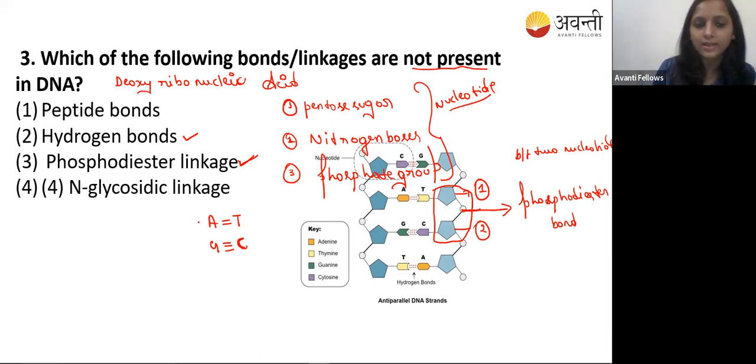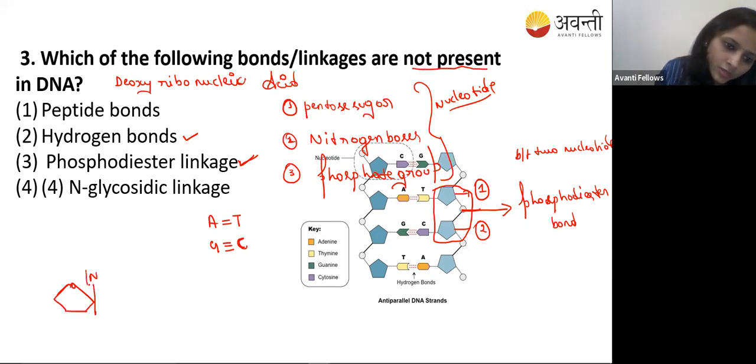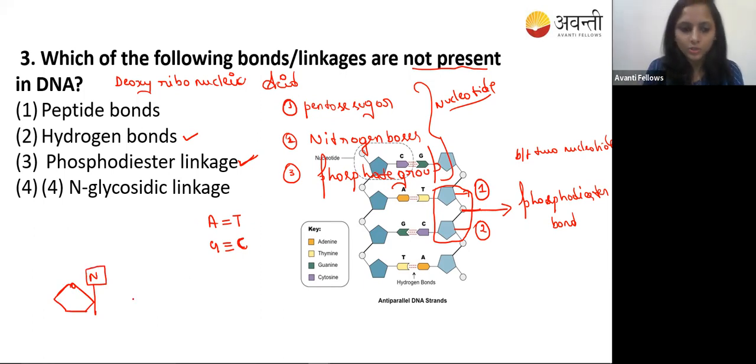Then coming to the N-glycosidic bond. Here you can see this is the pentose sugar, and it is attached to the nitrogen base. So this bond is there, where the sugar molecule is attached to the nitrogen base.